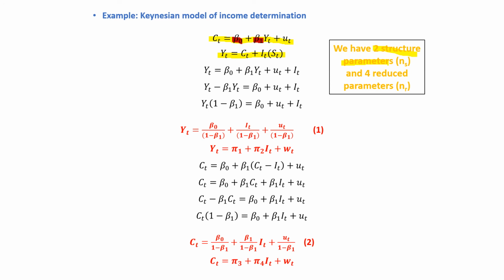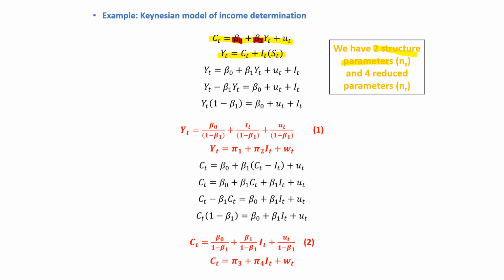Now we need to transform this structural form into a reduced form. How to do this? Again, we need to express the endogenous variable solely in terms of the exogenous variable and the disturbances only.